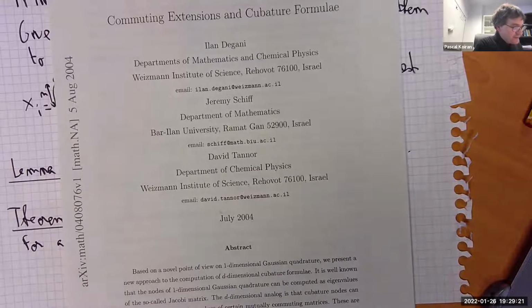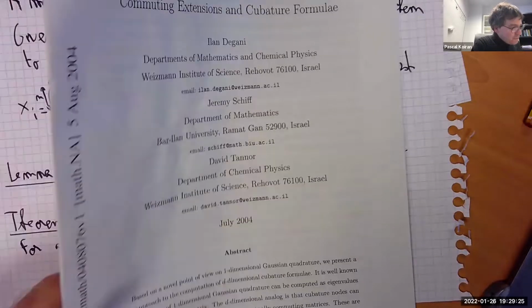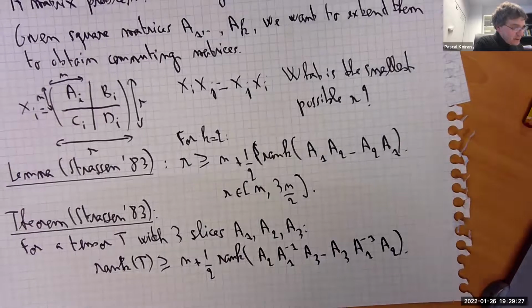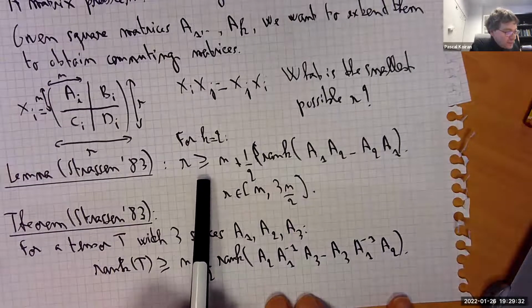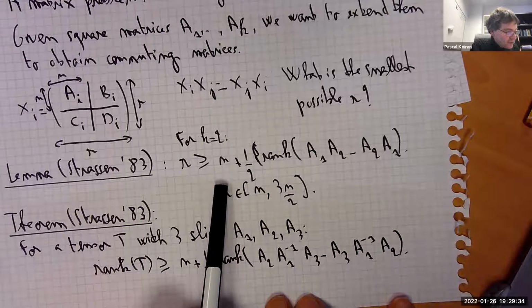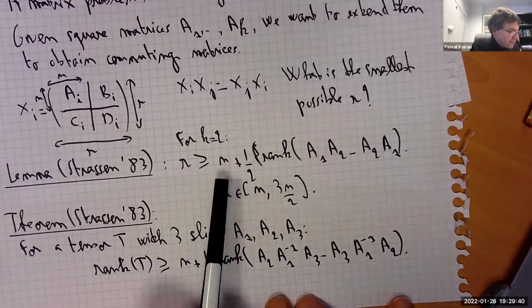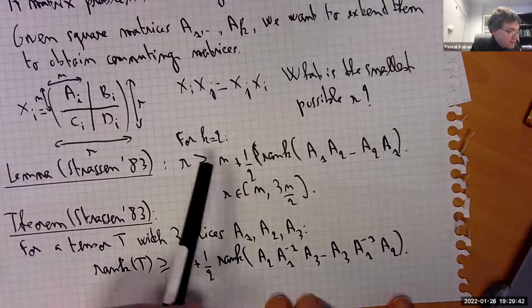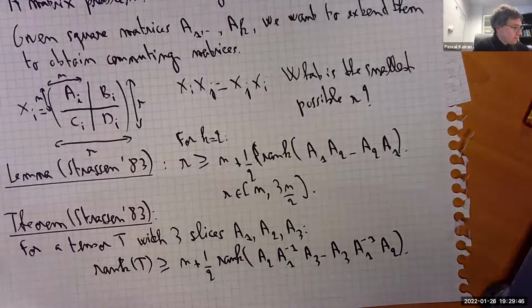They rediscovered this lemma of Strassen, but they don't cite Strassen, they don't cite any of the algebraic complexity literature, or actually any of the tensor literature at all. They just rediscovered this thing here and applied it to get some interesting constructions in numerical analysis.